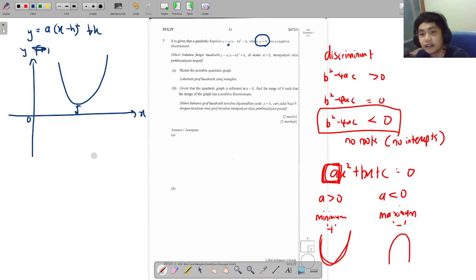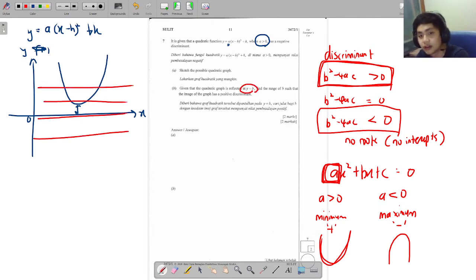So B, given that the quadratic graph is reflected at y equals b, find the range of b such that the image of the graph has a positive discriminant. So now they want us to get a graph that can do this, right? It has to reflect. So y equals b, we don't know what b is, so basically the line can be anywhere here, right? But in order to have a positive discriminant means that we have to have 2 unique roots.